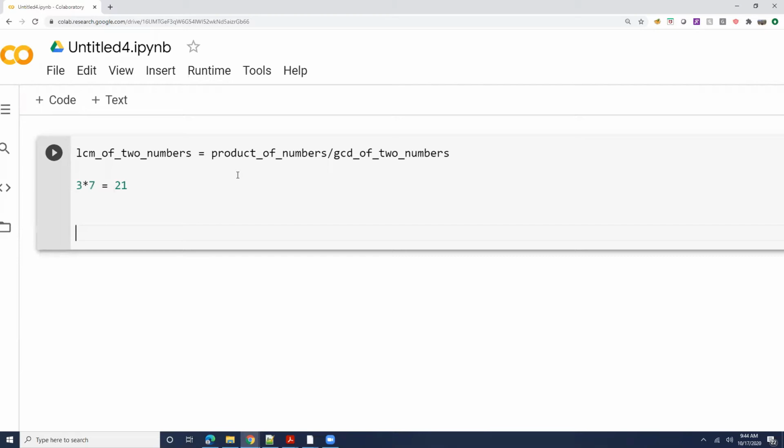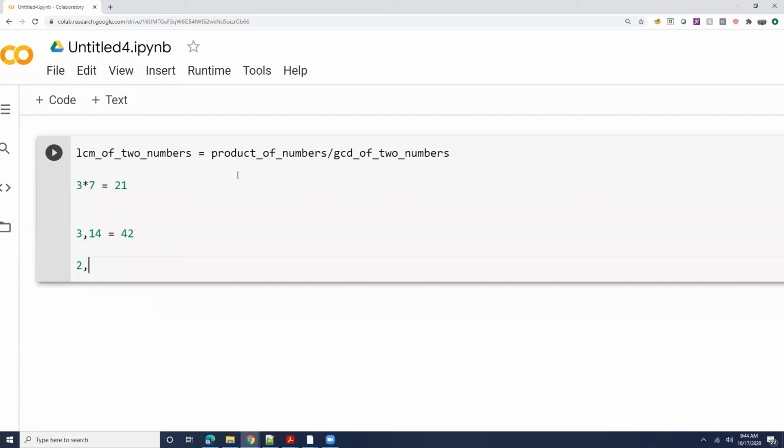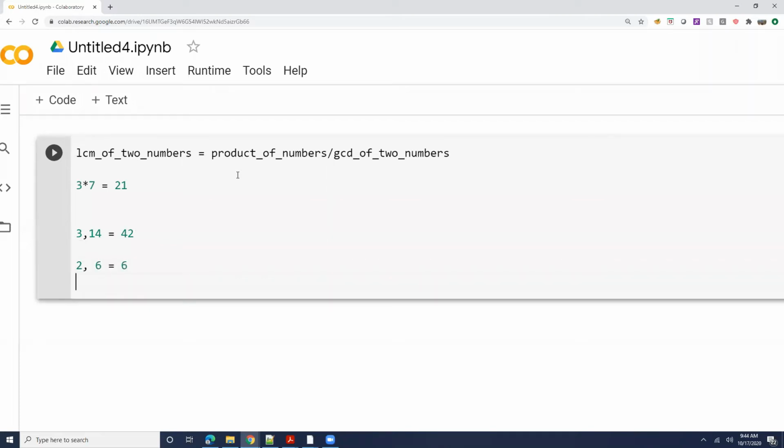If you're doing 3 and let's say 14, you probably multiply and get 42. 2 and 6 is 6. So in some cases you're multiplying, in some cases you're dividing. But one of the easiest ways is basically always multiply the two numbers, then divide by the greatest common factor of the two numbers.